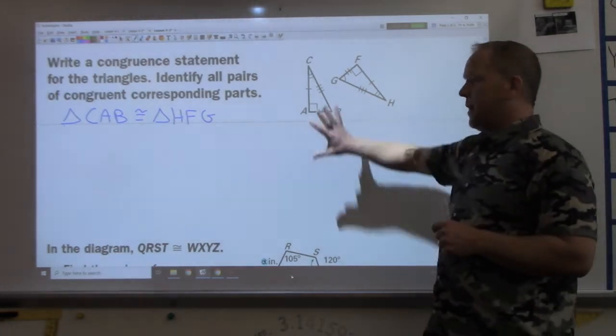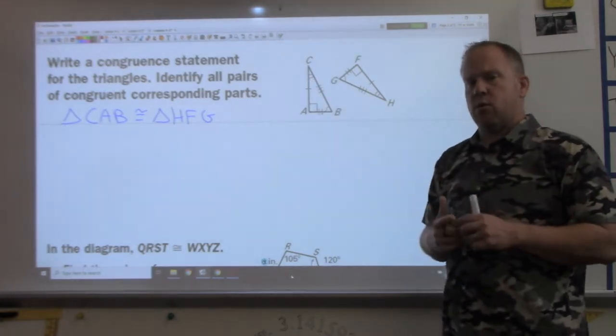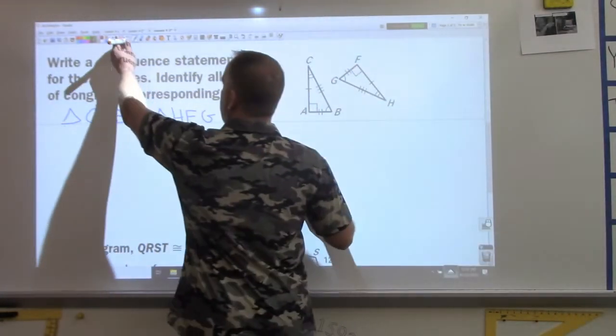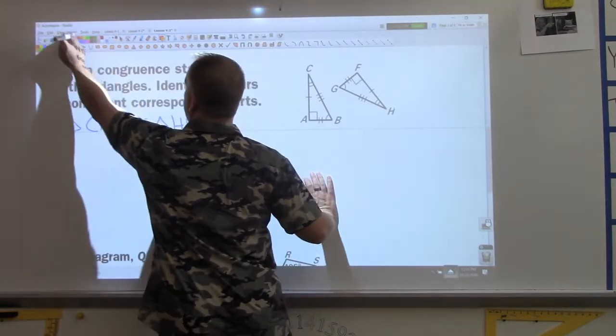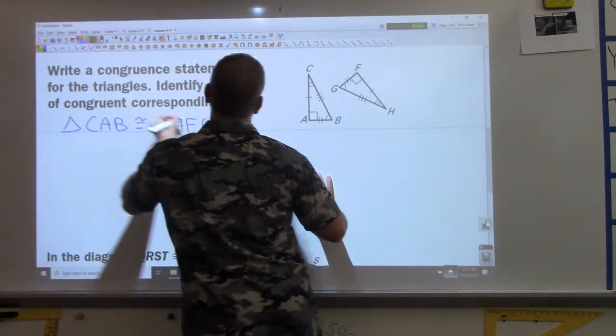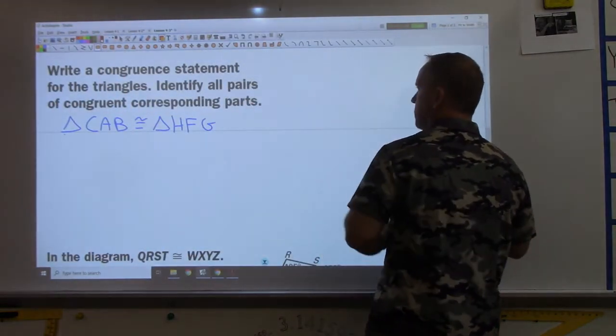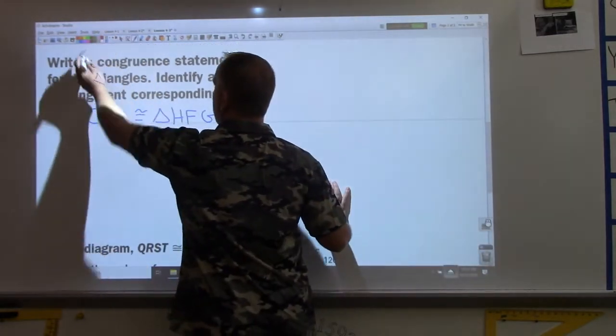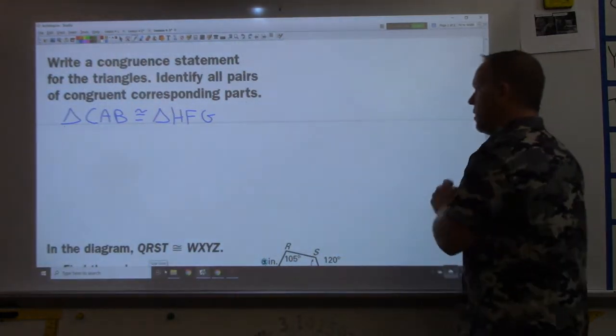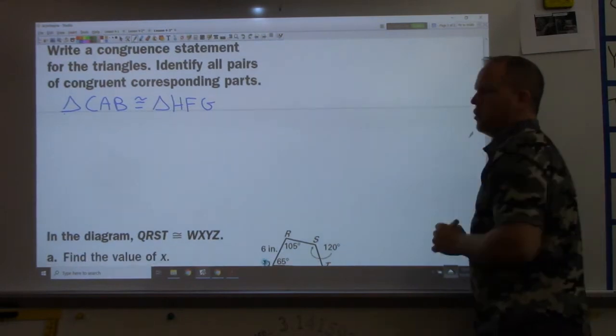Now, if I don't have a diagram and I have to list all the corresponding congruent parts, here, let's do a little trick here. Ready? I'm going to take the picture away. Why? Because I don't need it for the next part. Identify all the corresponding congruent parts.